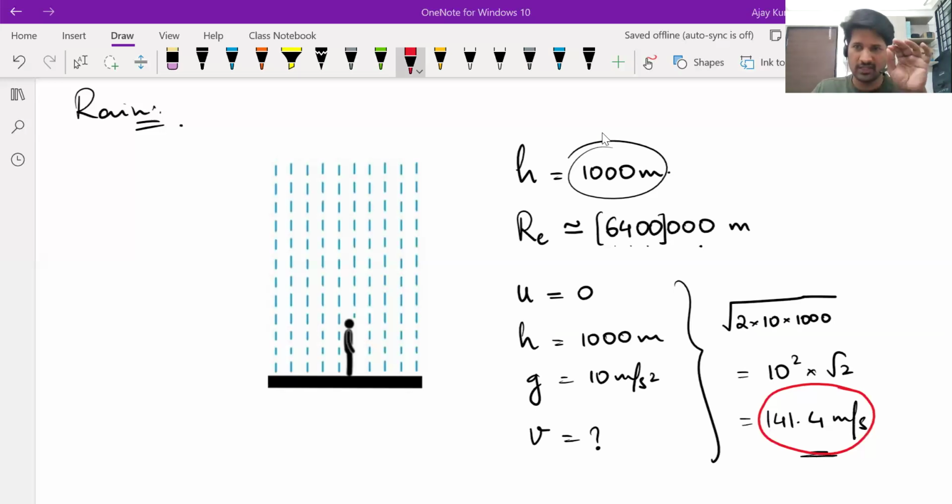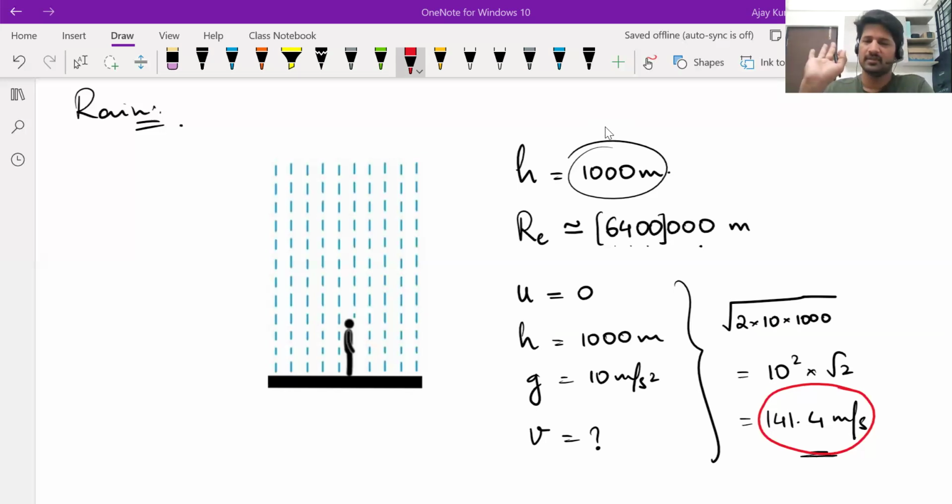Suppose a raindrop is actually falling from 1000 meters. Will it land with this speed in real life? No. Why not? Air resistance. Correct. And since raindrops are very small, not heavy objects, air resistance will have a significant effect on them.